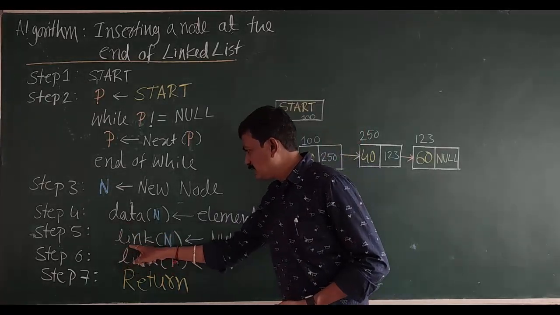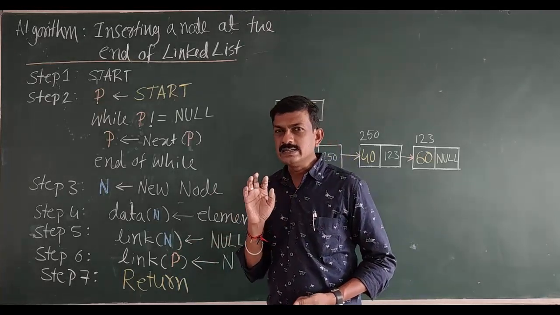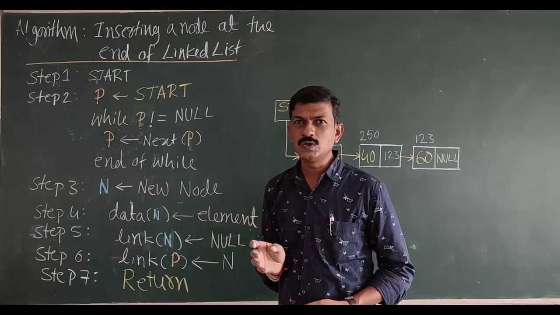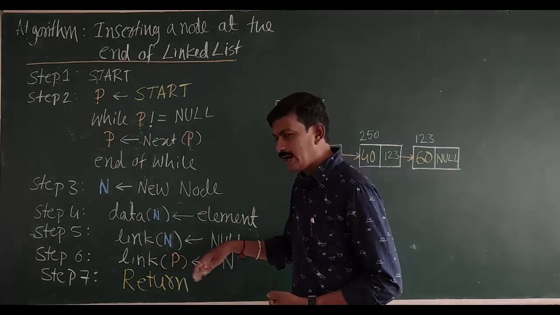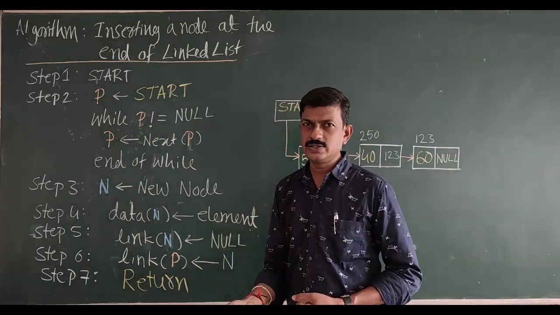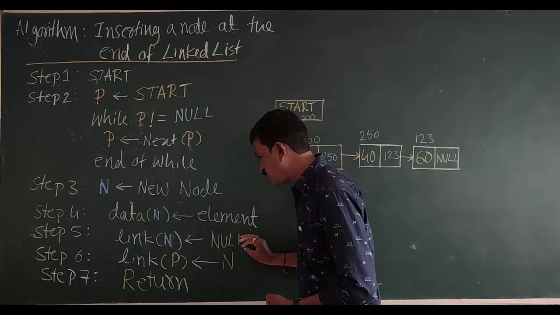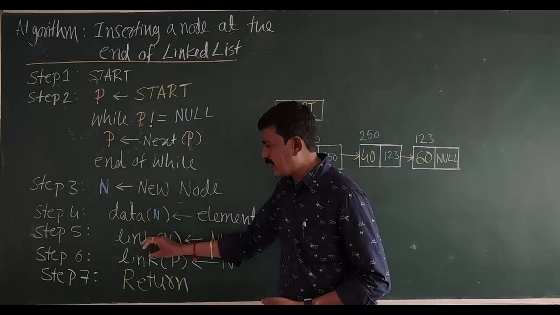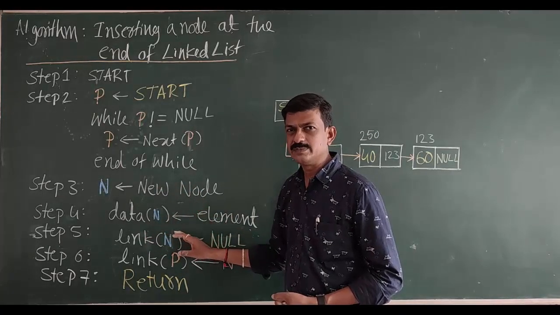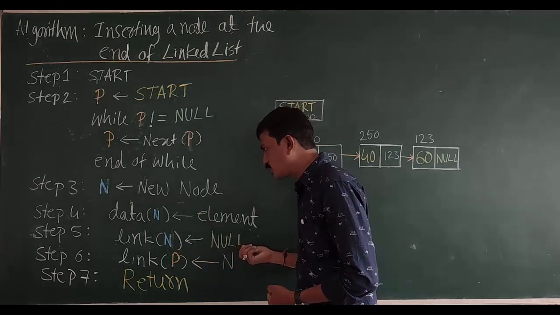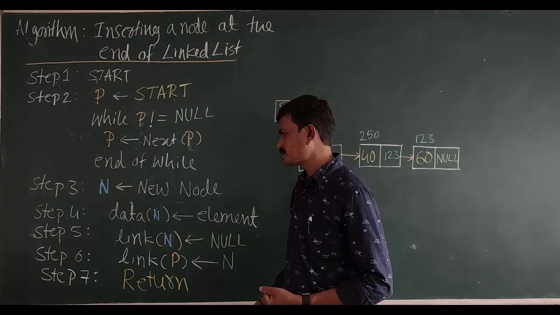Step 5, link of n equal to null, because in a linked list the last node's address pointer contains a null value. For that, I am inserting a node at the end of the linked list. That's why we need to add a null value to the last node's link pointer. I am assigning null to the link part of the newly created node.